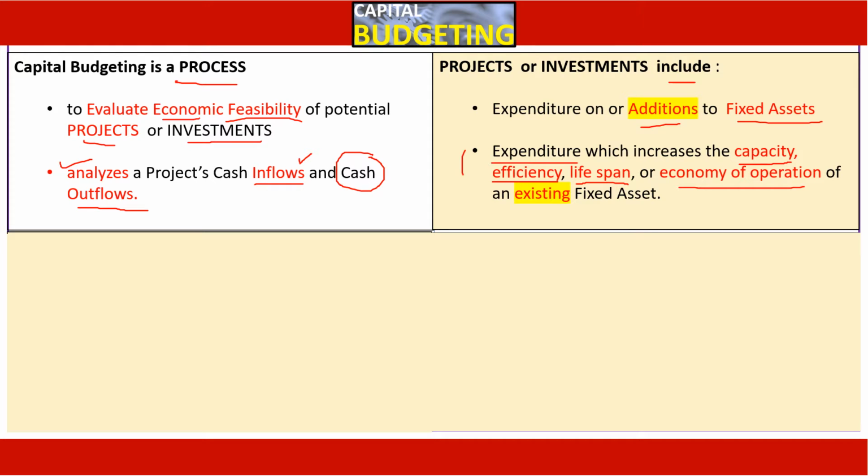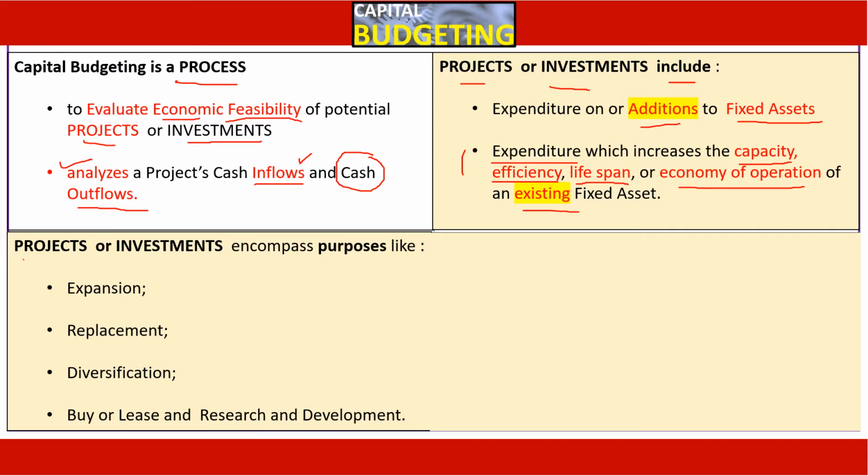All these things will happen in respect of existing assets. Therefore, capital budgeting looks into projects which cover fixed assets, additions to fixed assets, and also expenditure which is going to increase the lifespan of the assets, capacity of the assets, or their efficiency levels.